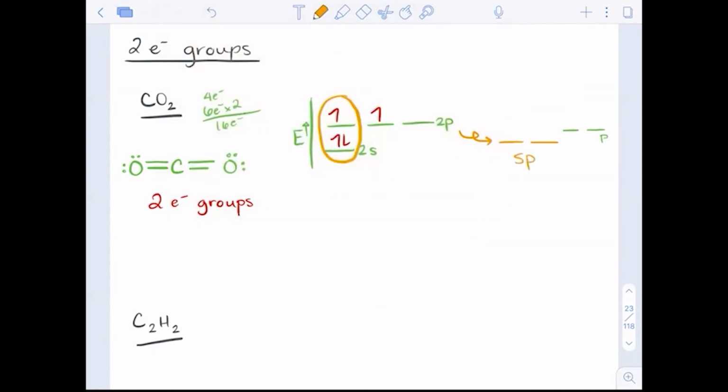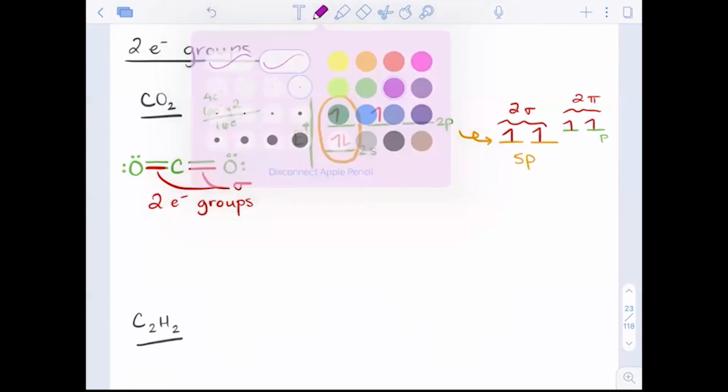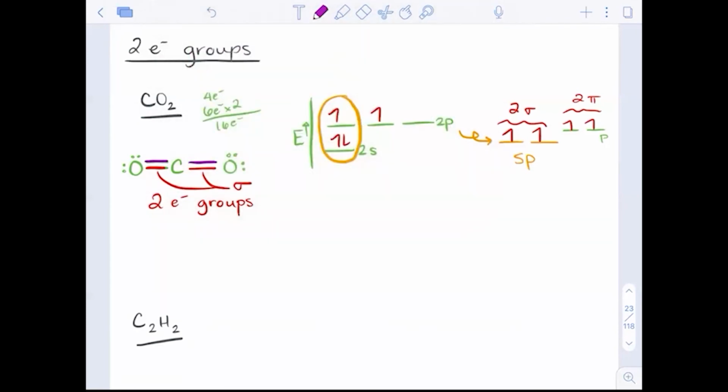These hybrids are going to be composed of an s and a p orbital, so therefore they're called sp. I'll have 2 sigma and 2 pi. Every first direct overlap is going to be a sigma. The leftovers, any extra overlap, will be a pi.